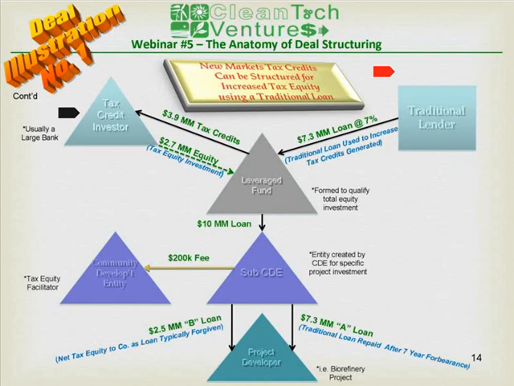So at the top of the slide here, you've got the tax credit investor receiving $3.9 million in tax credits, and that's generated by the $2.7 million that they're putting into your company, which is a gross number, as well as $7.3 million on the other side in the form of a loan. And that $10 million generates over a 7-year period $3.9 million in tax credits that the tax credit investor receives.